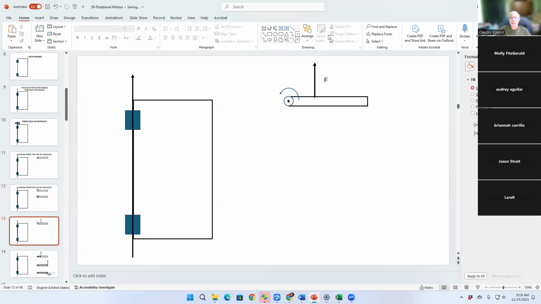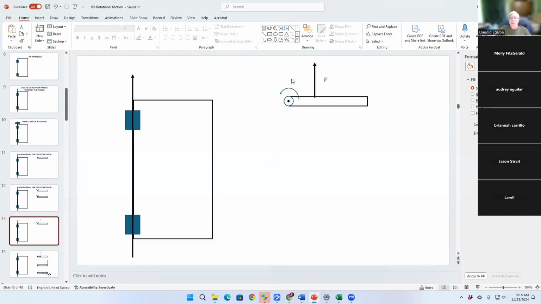Force in this direction, the door is gonna rotate in the counterclockwise direction, okay? But illustrating the force is not enough, because this force is gonna impart an angular acceleration to this door. Do you see that?